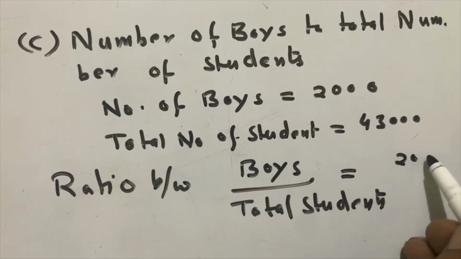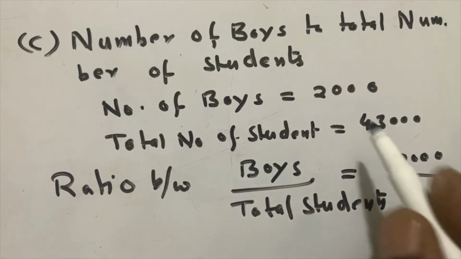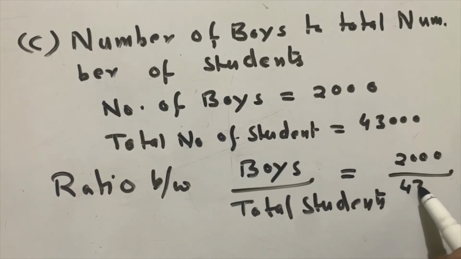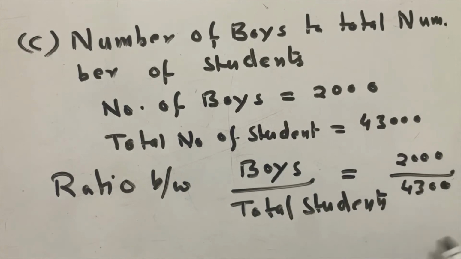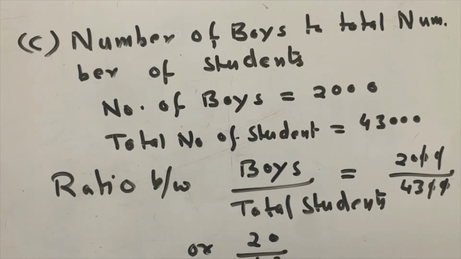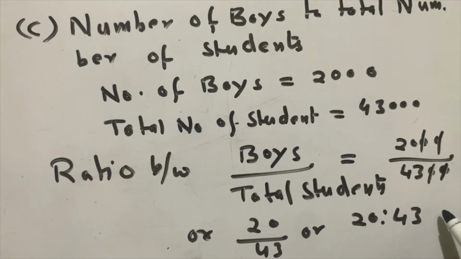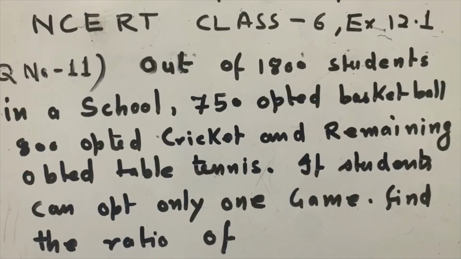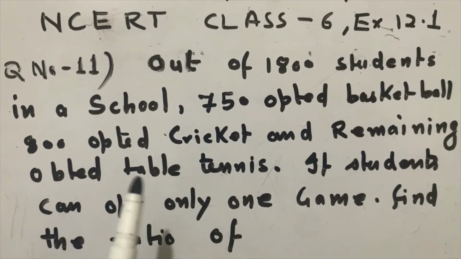Boys are 2000, total students are 4300. So we got the ratio, cancel out. We got 20 upon 43, or 20 is to 43. Okay, answer.